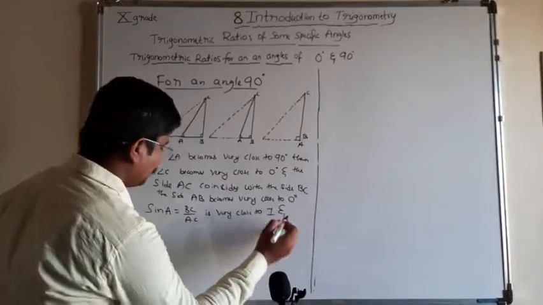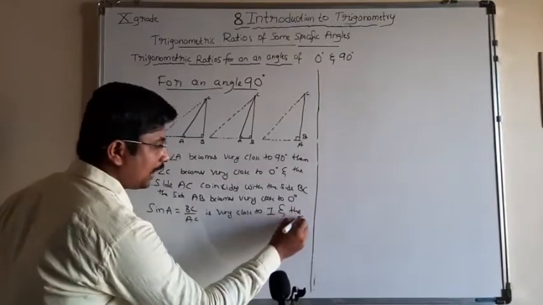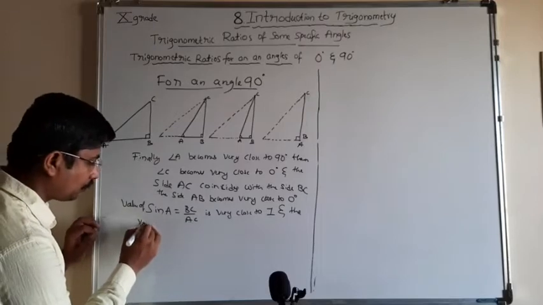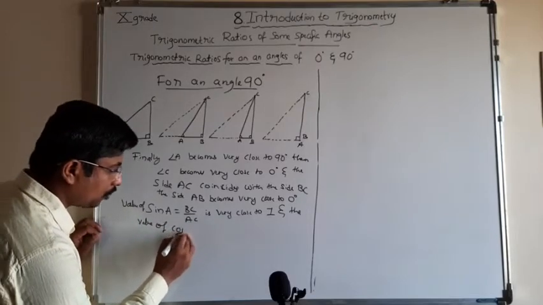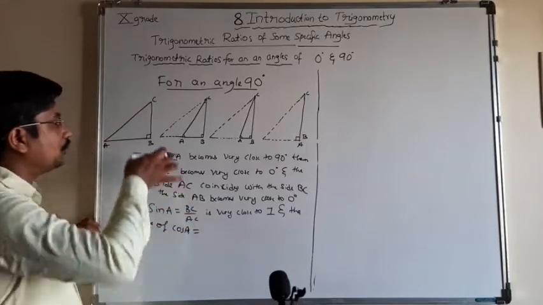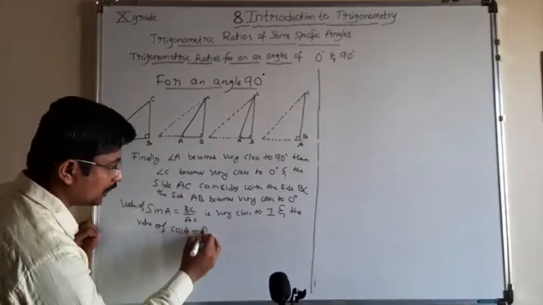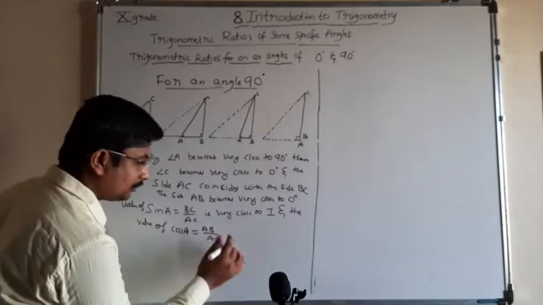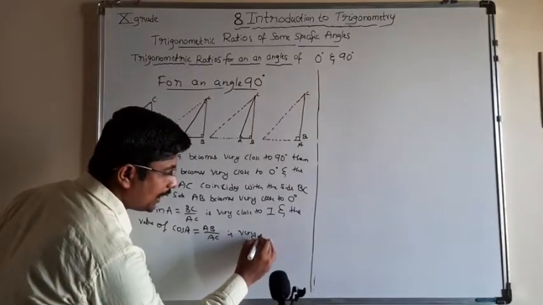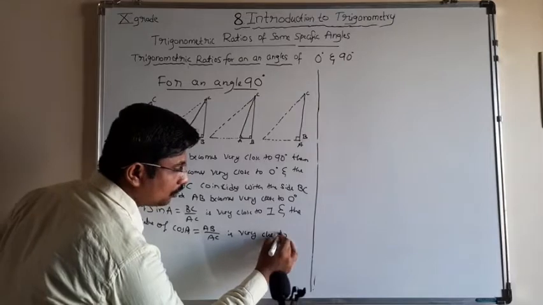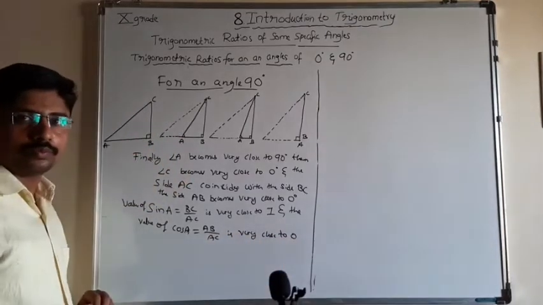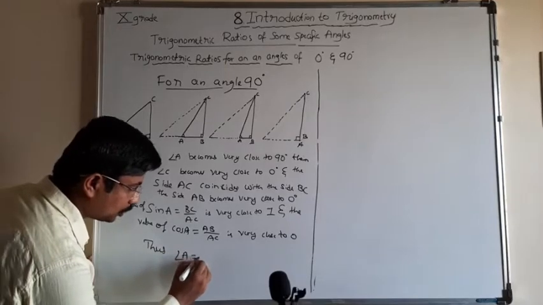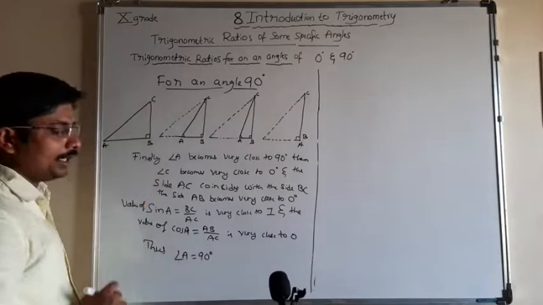And the value of cos A is equal to adjacent side divided by hypotenuse, AB divided by AC, which is very close to 0.